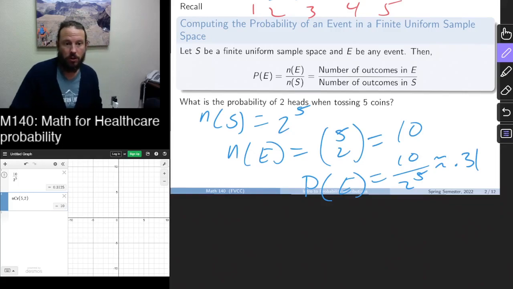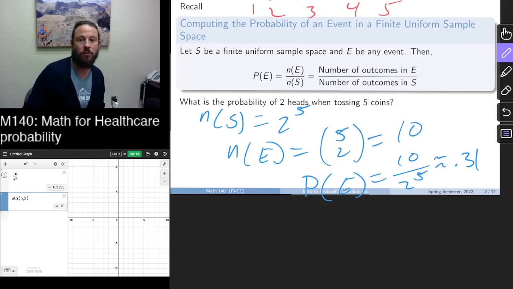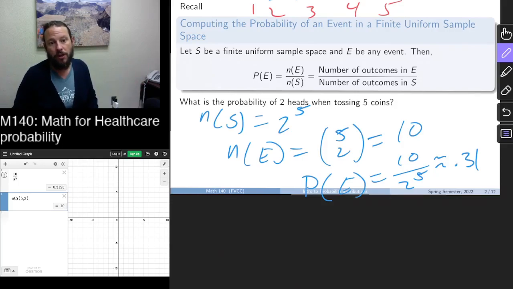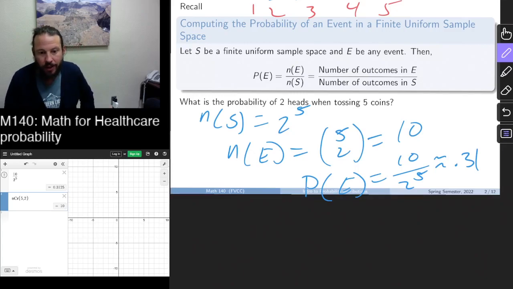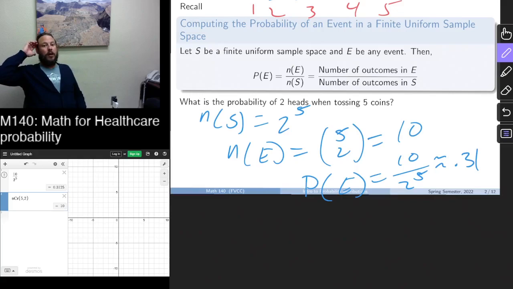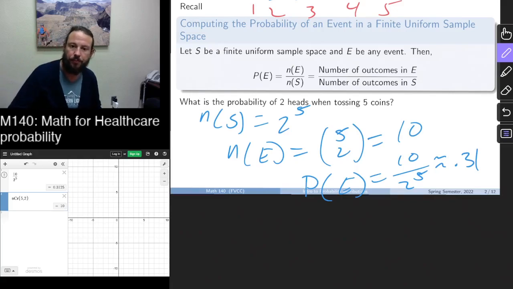Okay, good. So if we toss 5 coins, there's about a 30% chance that we get 2 heads. That's pretty reasonable to us. A 30% chance that happens randomly, we're not going to think the coin is loaded. By the way, if we got 0 heads, what's that going to be? There's only one way to get 0 heads.